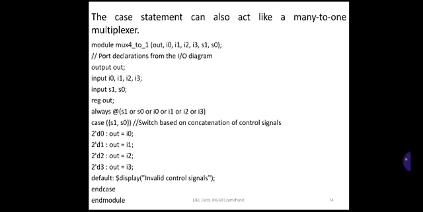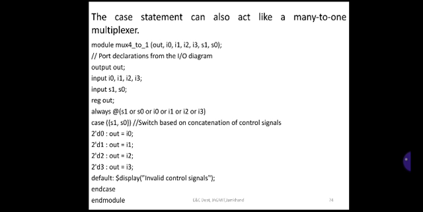So the case statement can also act like a many to one multiplexer. The example for that we are going to discuss here. Module 4 to 1, the list of signals: out, I0, I1, I2, I3, select signals S1, S0.